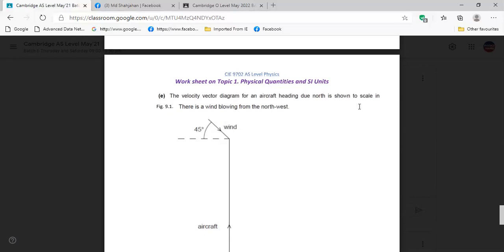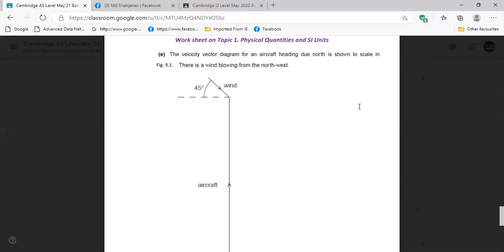So here we got the aircraft's north direction. Can you see the diagram? Wind blowing from the northwest. If your aircraft is heading north, then where is your west?